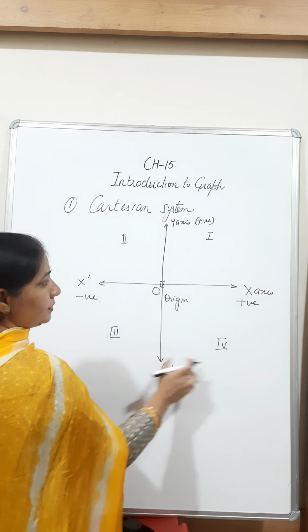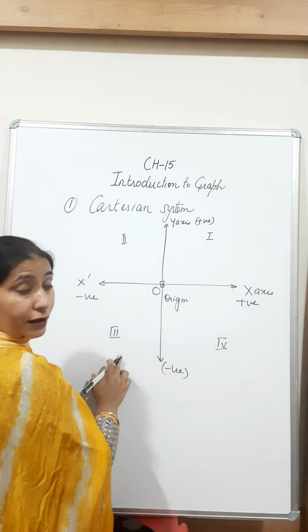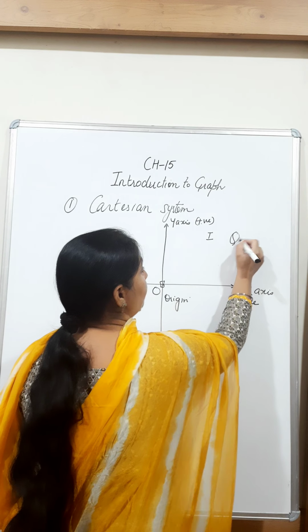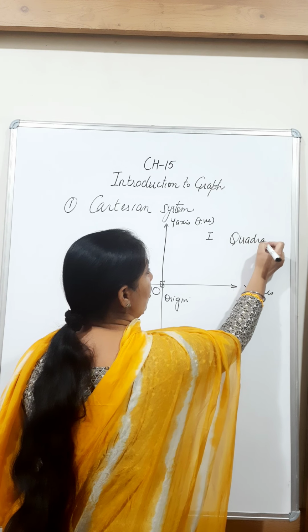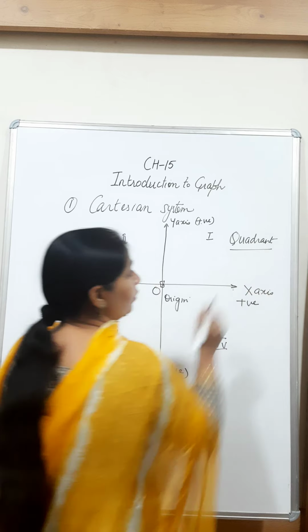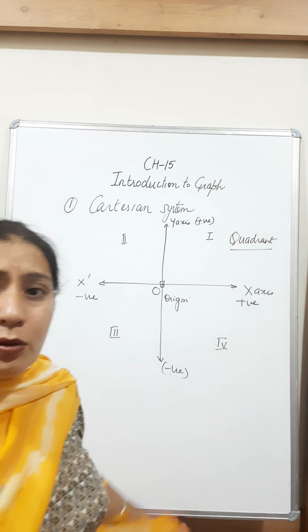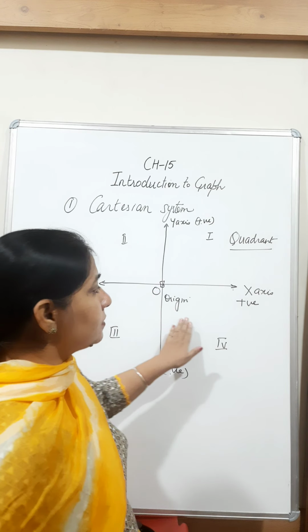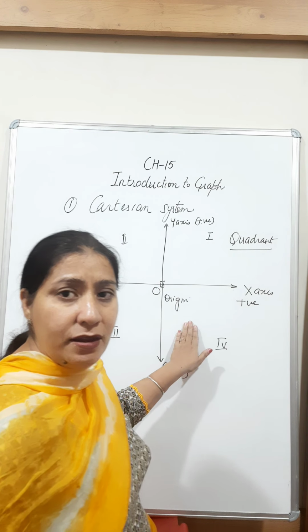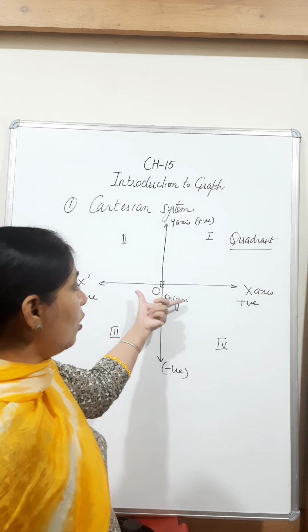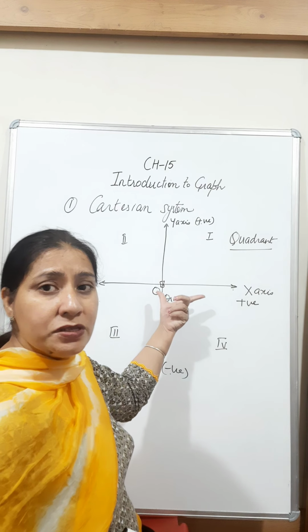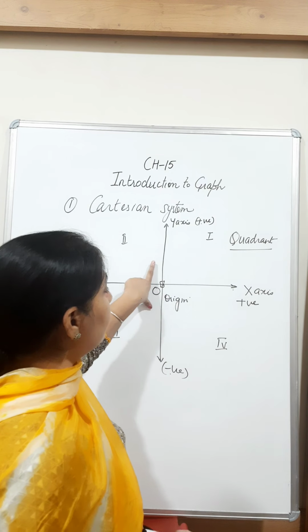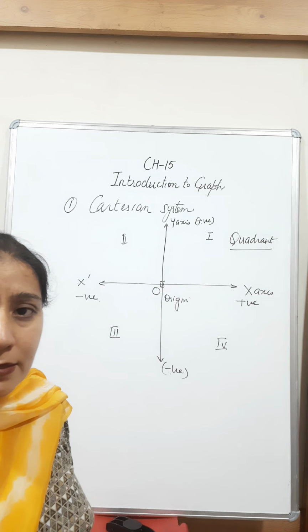Each of these four parts is called a quadrant. So what is a quadrant? Quadrants are the four parts into which the plane is divided when we draw a horizontal line, which is the x-axis, and a vertical line, which is the y-axis.